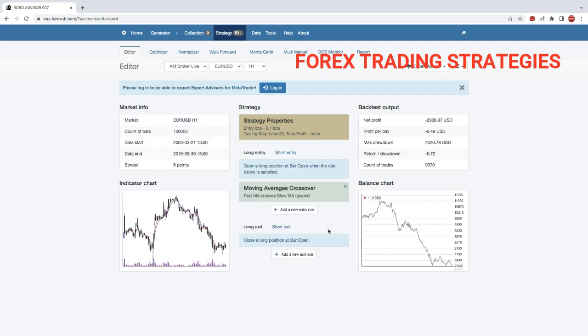Wow, loss there. If you're going to trade Euro USD 1 hour time frame between 2003 and 2019, using exponential moving average 5 crossing over exponential moving average 8, you would have taken a loss.